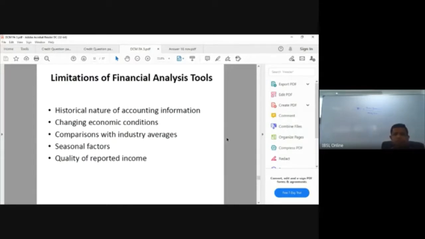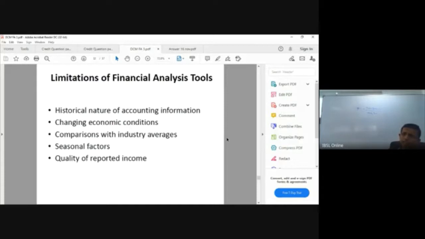First one is that we only take the historical nature of accounting information. We only talk about the past. In horizontal analysis, vertical analysis, and ratio analysis, we take into account all the historical figures only, right?